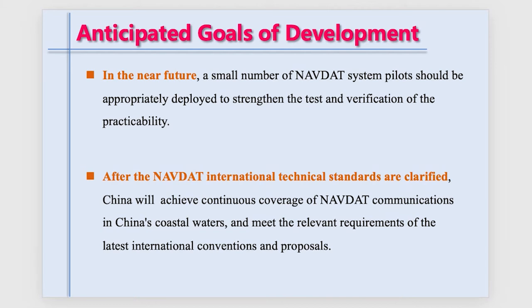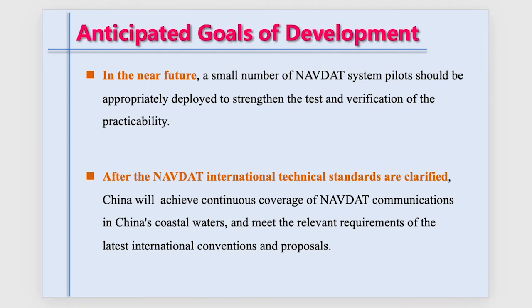So second, the anticipated goals of China's NAVDAT system. As the NAVDAT technical proposal document is still being optimized, IMO plans to officially release technical standards in 2023. Therefore, in the near future, a small number of NAVDAT system pilots should be appropriately deployed to strengthen the test and verification of practicability.